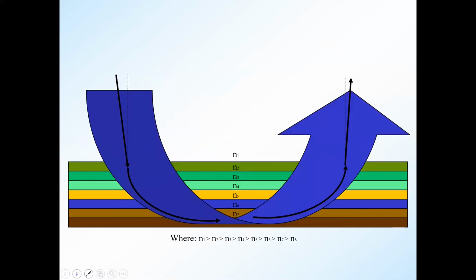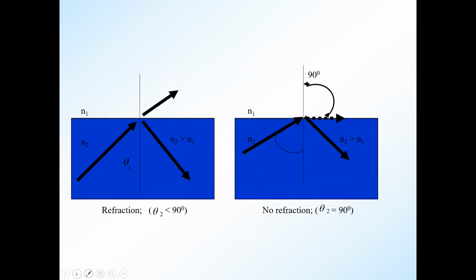Now, the fiber that you saw was a simple one, where you have a single refractive index for the core and a single value for the cladding. This kind of configuration is called a step-index fiber, because the refractive index is a step value, a single value for core and a single value for cladding.